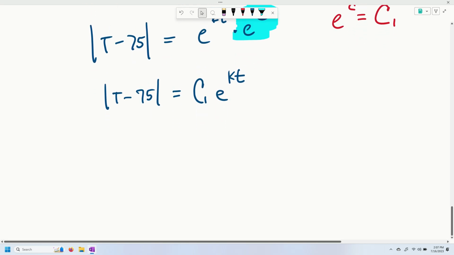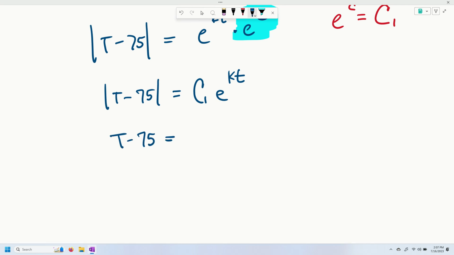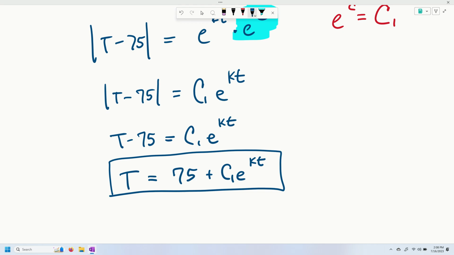And since we know all these temperatures are positive, we can drop the absolute value to give us this. And finally, adding 75 to both sides of our equation yields T equals 75 plus C1 e to the Kt. So this is our general solution.